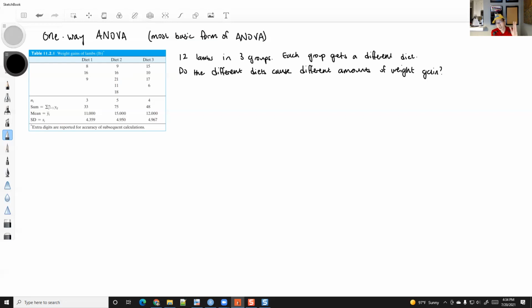And so as far as one way ANOVA goes, looking at the diet and the lamb weight gain, in our data we have 12 different lambs and the lambs gained different amounts of weight. Why are the lambs gaining different amounts of weight? So this is kind of the analysis of variance here.